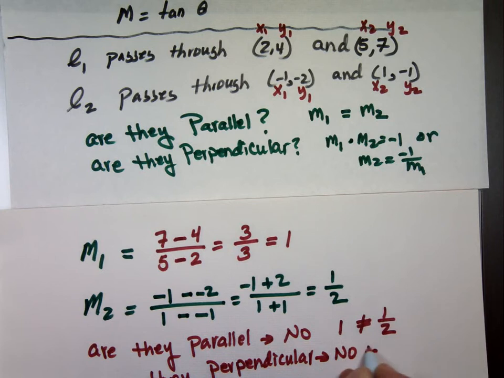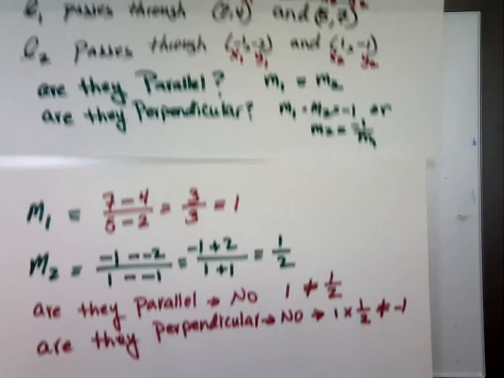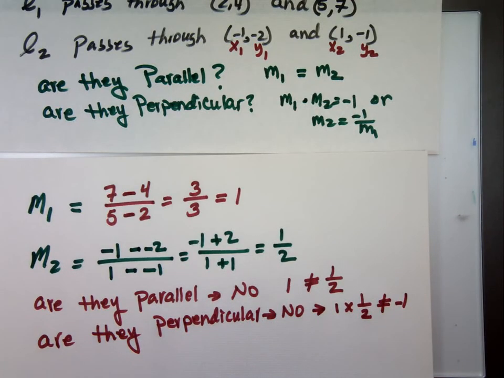Because if I multiply 1 times 1/2, that's a half, and 1/2 does not equal minus 1. So that's neither. It's not parallel, it's not perpendicular. They probably cross at one point, but it's not a 90-degree angle, and it's not parallel.